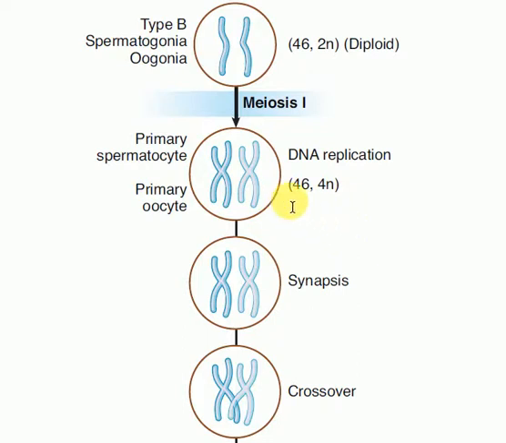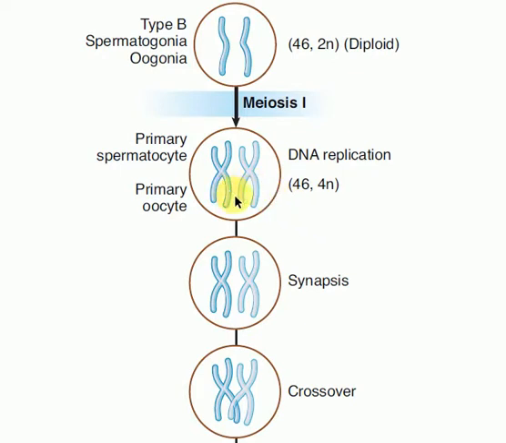So we've gone from 46 chromosomes with a 2n or diploid number to 46 chromosomes with a 4n or tetraploid number. The DNA has doubled itself. Now we have four strands, but the number of chromosomes remains the same, that is 46.